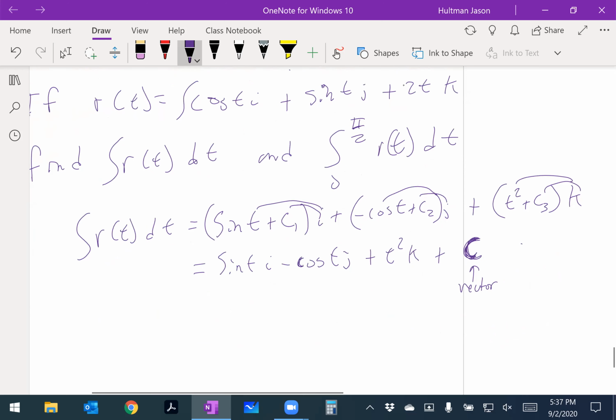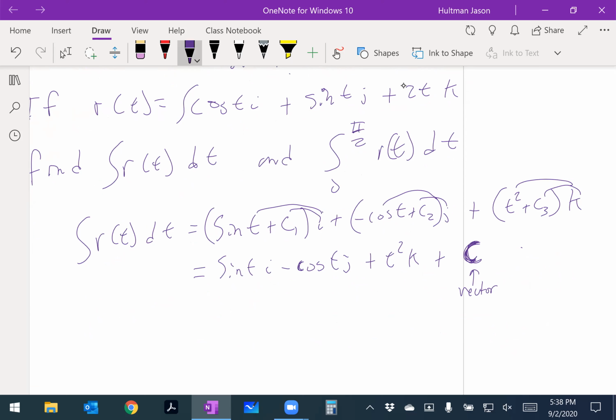Okay. So now what do we want to do? We want to evaluate this thing. We took the integral, now we want to evaluate it from 0 to pi over 2. The integral of r of t dt is going to be sine t i minus cosine t j plus t squared k. We don't need the constant because it's a definite integral.